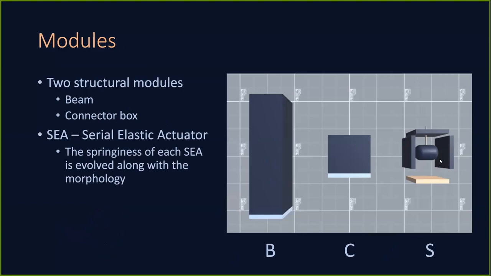This actuator component is a series elastic actuator, which means that it is a bit compliant. The rotational spring is attached in series to the motor, and the springiness of each actuator is evolved alongside the morphology.